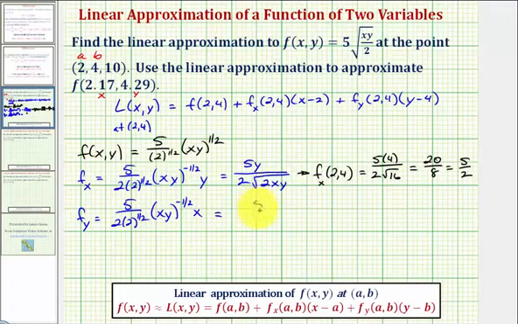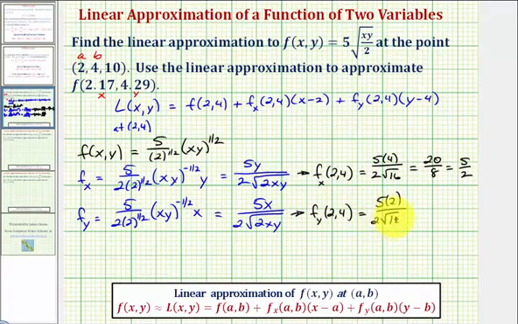So now we have 5x divided by 2 times the square root of 2xy. Again, evaluating at the point 2 comma 4. Now we'd have 5 times 2 divided by 2 times the square root of 16. So now we have 10/8, which simplifies to 5/4.